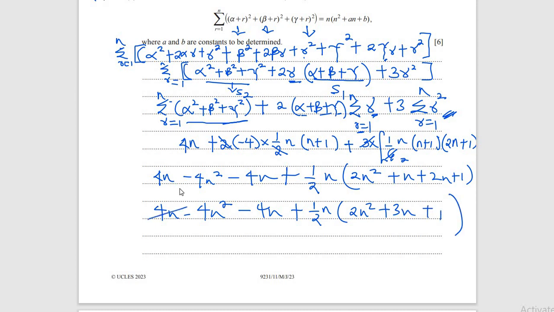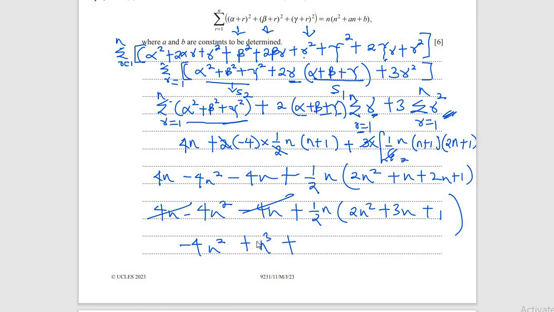Yeah, so 4n cancels 4n. So all you have here, minus 4n squared. So minus 4n squared plus half n times 2n squared, that's n cubed.